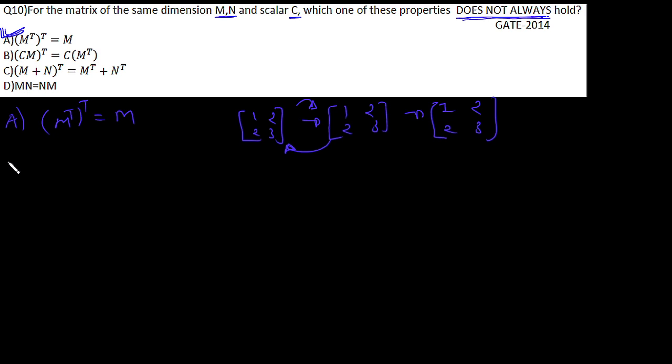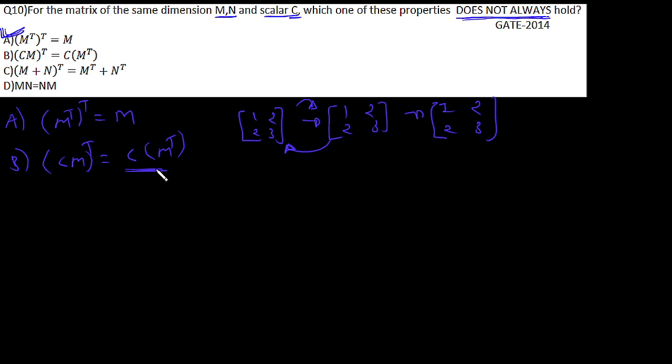Option B says, C is any scalar, and there is no sense in taking the transpose of a scalar, so we can take the scalar out, take the transpose of the matrix, and multiply it with the scalar.